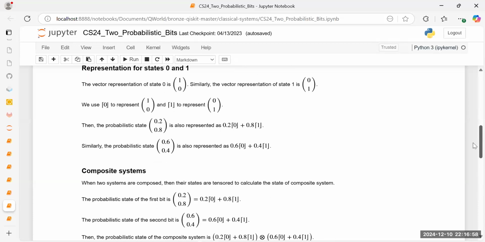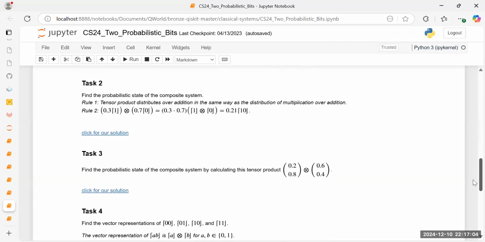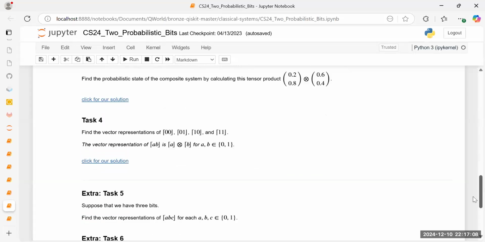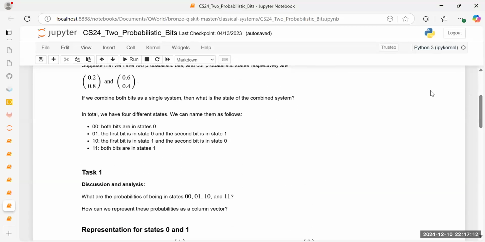But if we are to combine our system, or if we are to create a composite system, we're going to get a four-dimensional vector where the entries will be such that what's on top here will be the probability that both land on head. The next entry would be head, tail, then tail, head, and finally tail, tail.